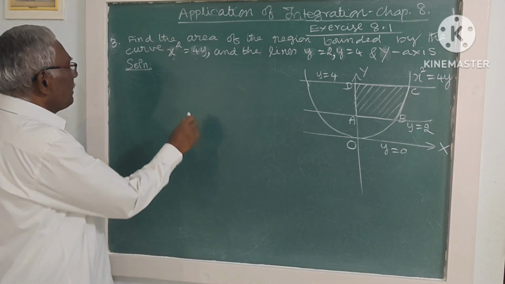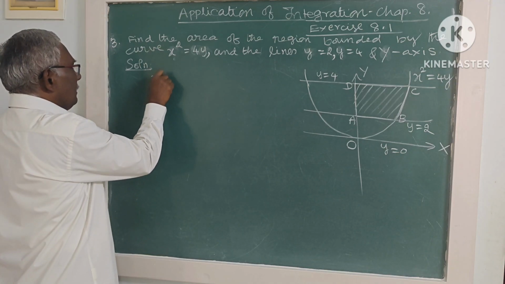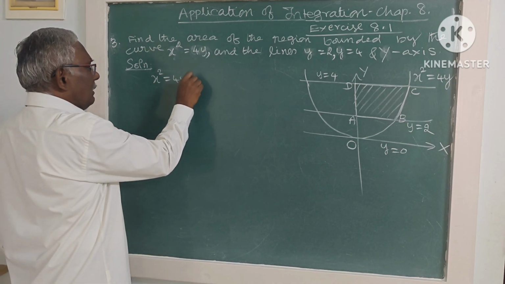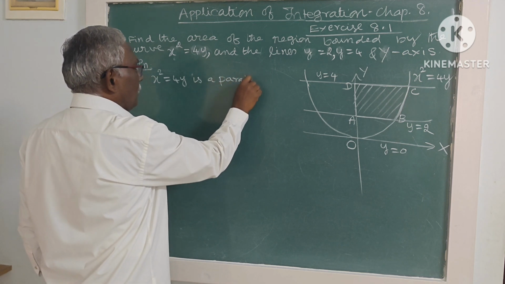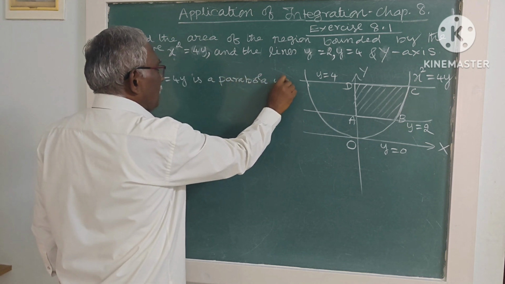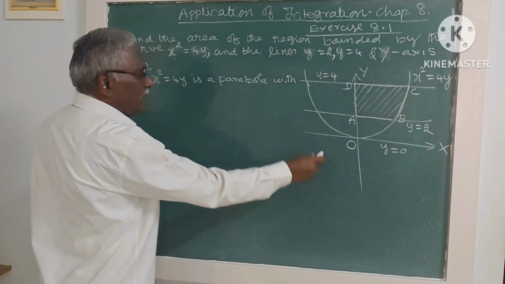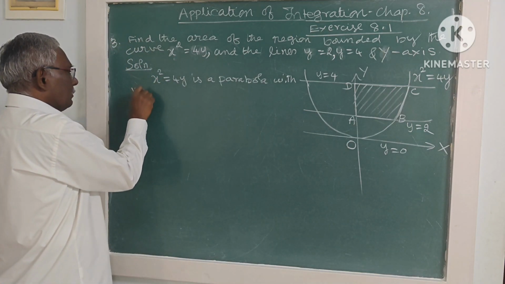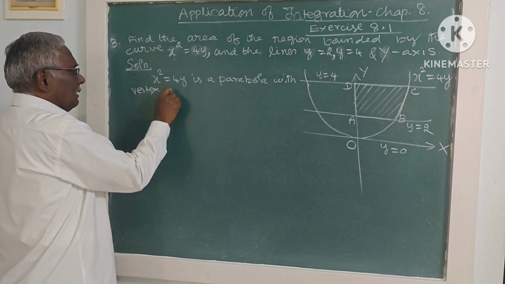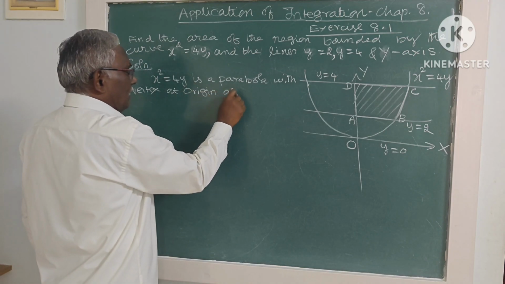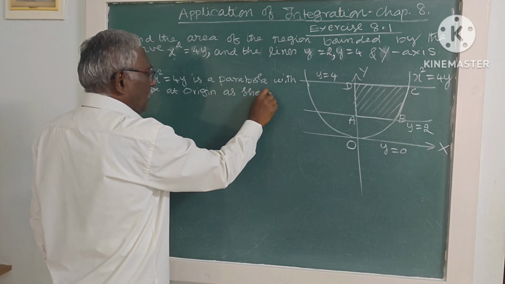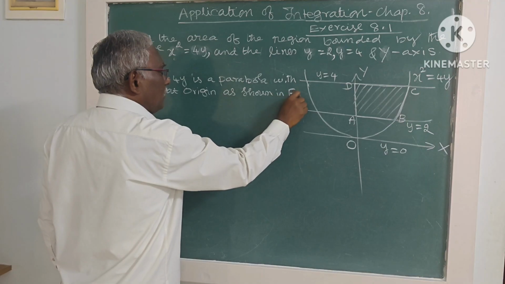Now x square is equal to 4y is a parabola with the vertex at origin as shown in the figure.